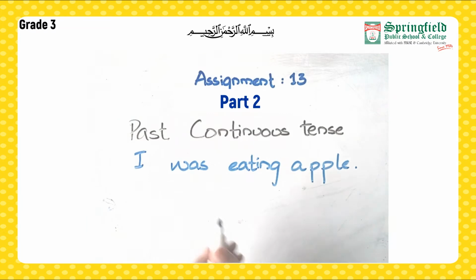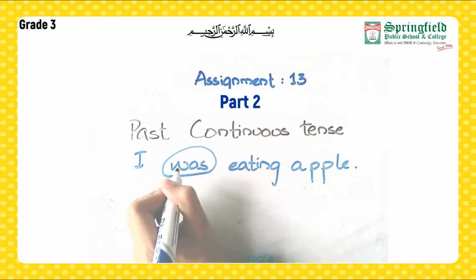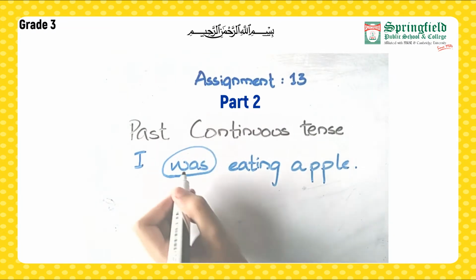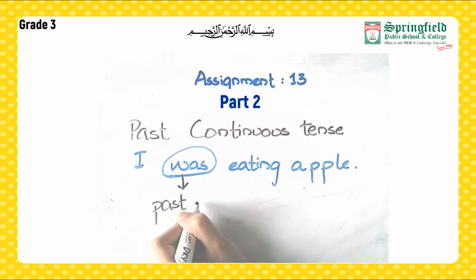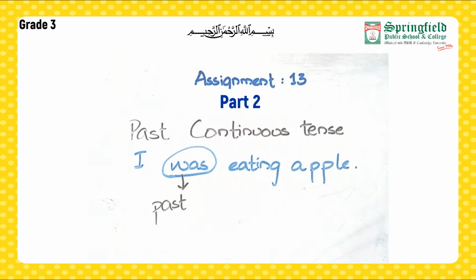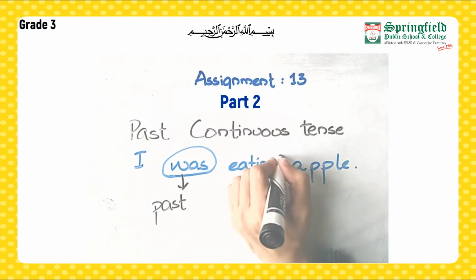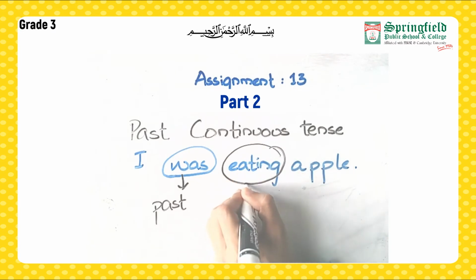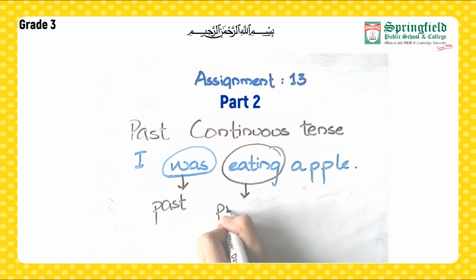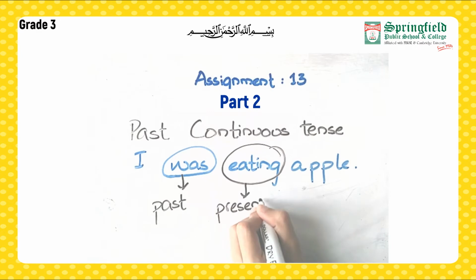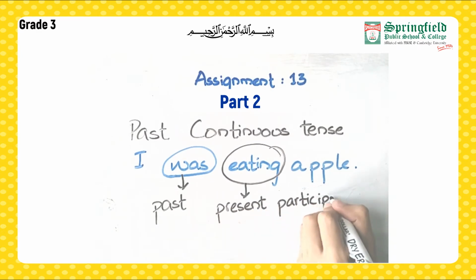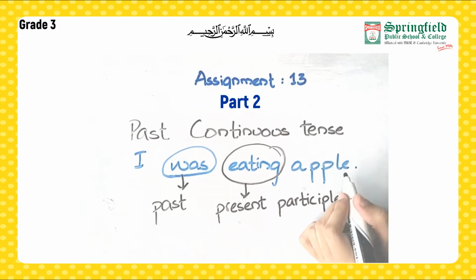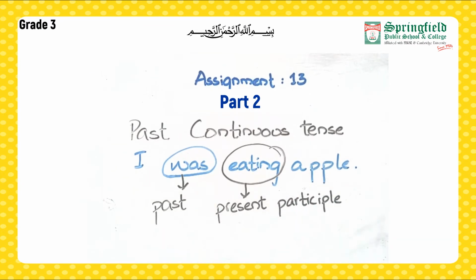Now, in this sentence, was indicates the past, something that has already occurred. This is simple past of verb to be. Whereas eating is the present participle. Apple is the object and I is the subject of the sentence.